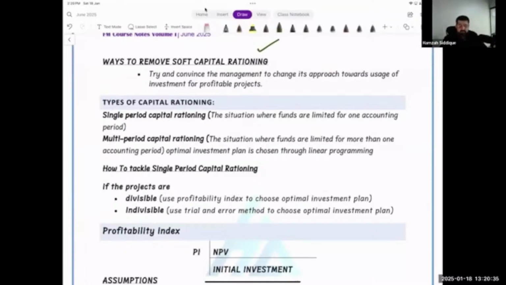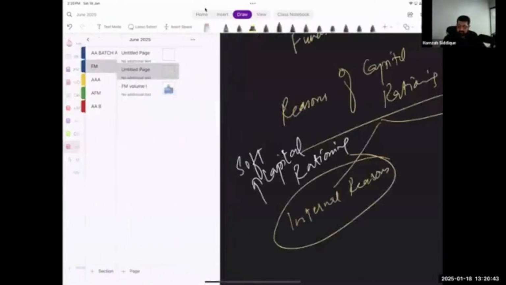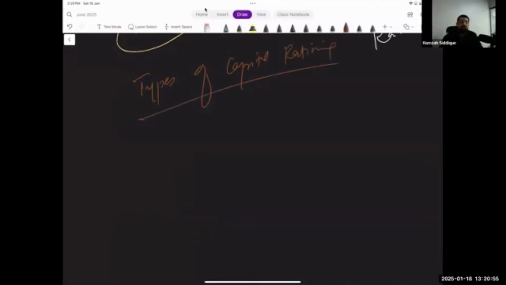Yes. So the next is types of capital rationing. Now, why are we going to study it?